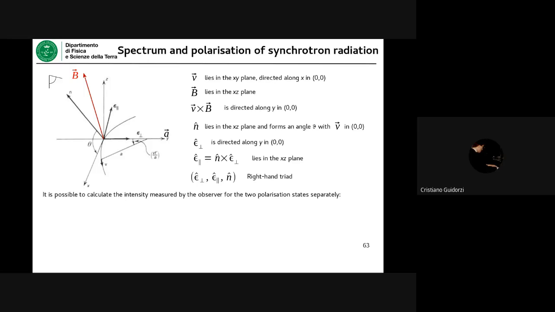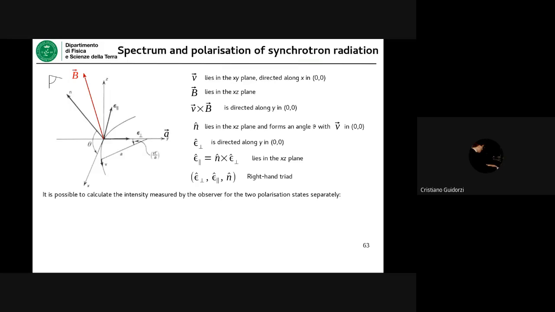The idea is to project the electric field. So what one ideally should do is take the formula which gives you the radiation field, the electric field of the radiation component.